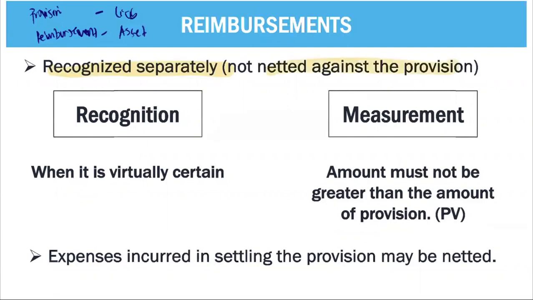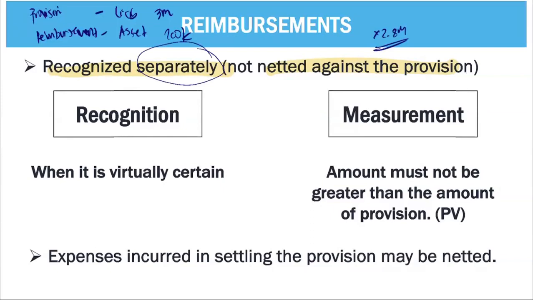So for example, our provision for the possible loss on the infringement case is 3 million pesos. Now, if we have a reimbursement of 200,000 pesos, how do we recognize them? We will not report it as 2.8 million, but we will recognize them separately. One for the liability for the provision and the reimbursement as an asset. So you recognize it separately. You will not net it against the provision.